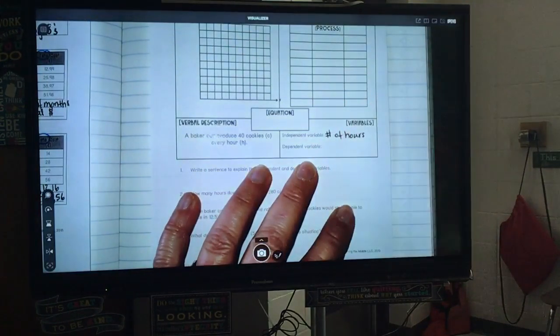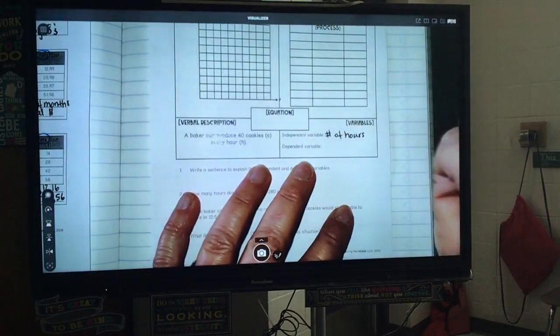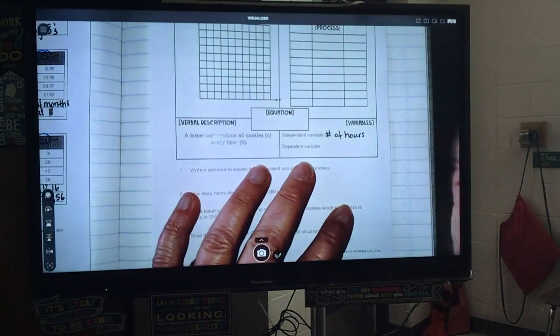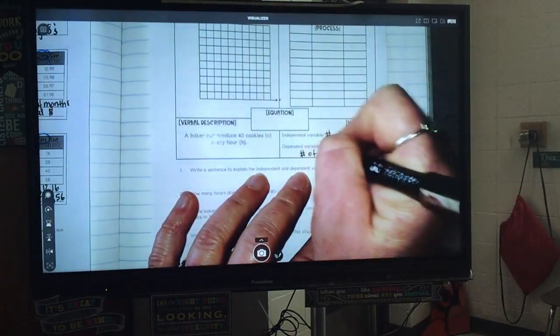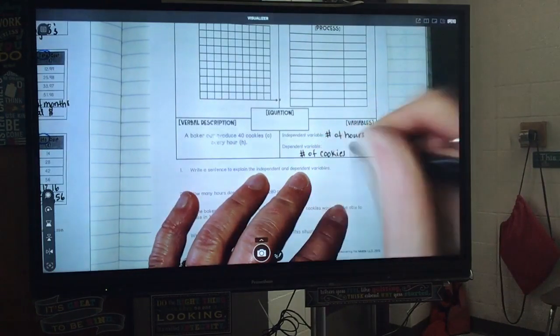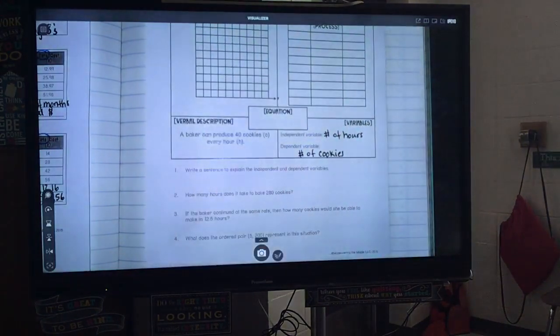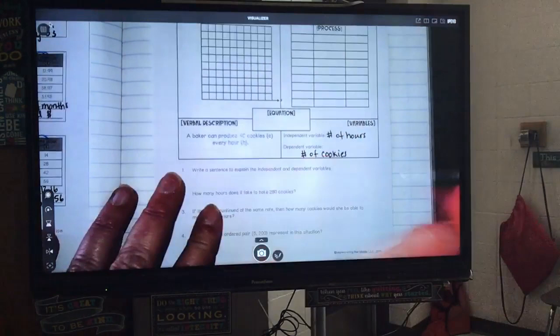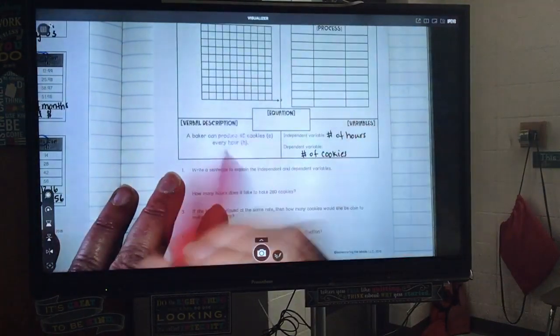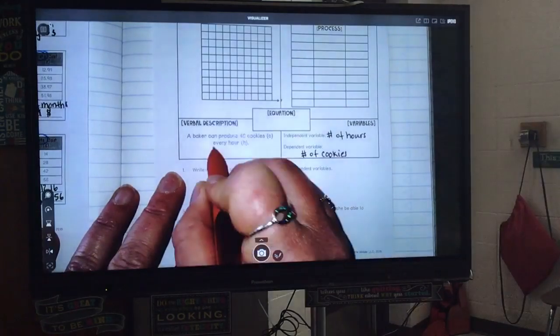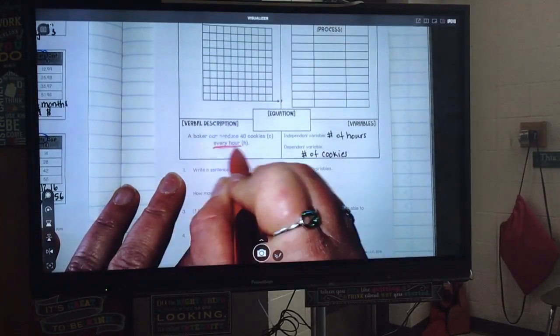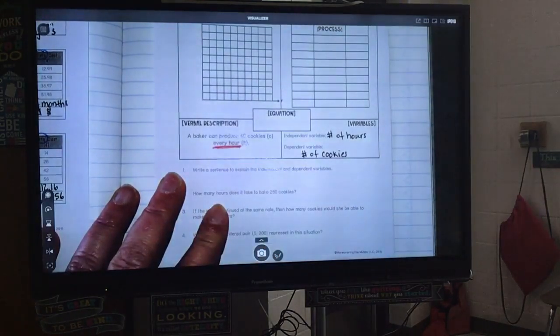And then what is our dependent? Mikhail? Number of cookies. Alright, so remembering what colors you represented your independent and dependent, I want you to underline the every hour.